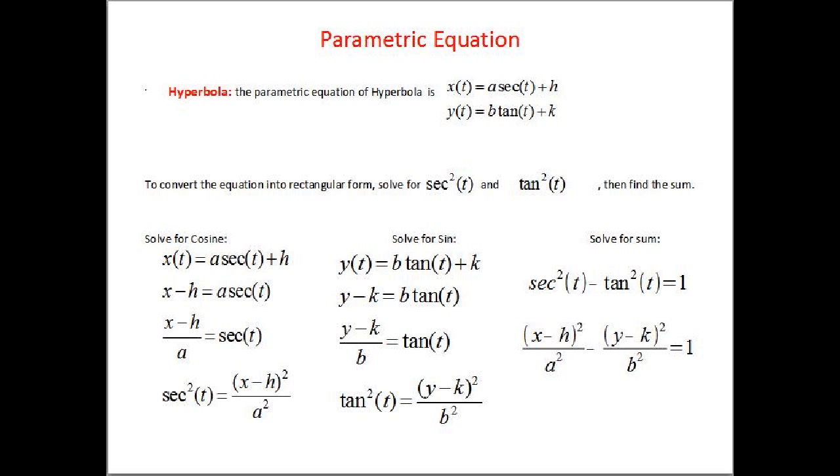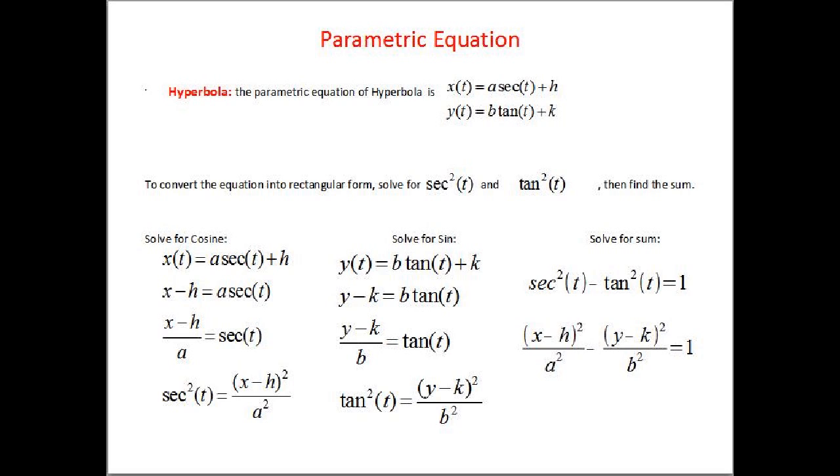Divide by b from both sides, we get (y minus k) over b is equal to tan of t, and then we square both sides, and we get tan squared of t is equal to (y minus k) squared over b squared. We subtract these two equations from each other, and we get secant squared of t minus tan squared of t is equal to (x minus h) squared over a squared minus (y minus k) squared over b squared.